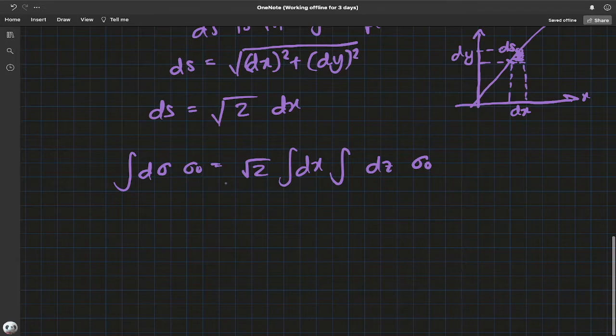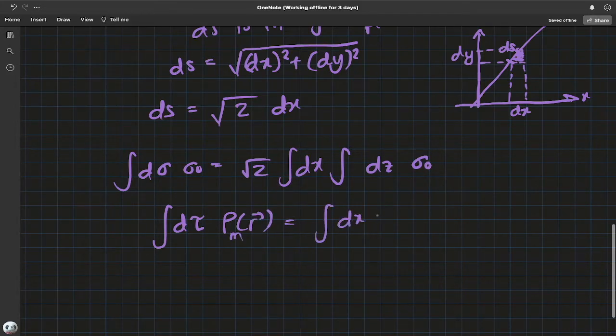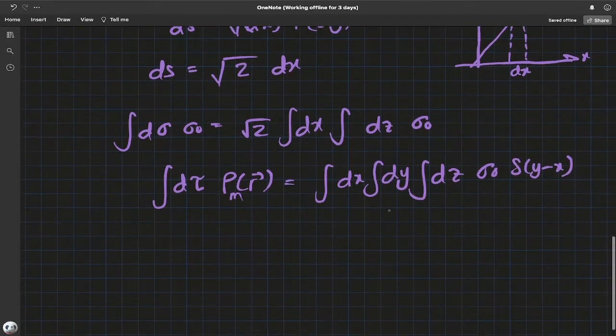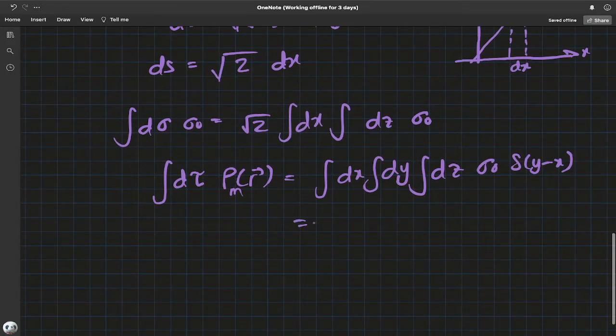And this is precisely equal to the volume integral. So we just plug in our guess here: sigma naught delta y minus x. If you integrate in dy, this y is equal to x will be included naturally.